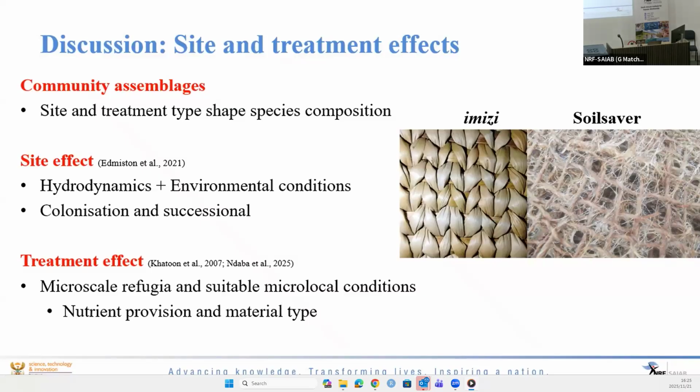The significant treatment effect in both designs can be related to the structural complexity in both designs, providing clear microcrevices and sheltered microenvironments seen in the Emisi design and the coarse fibrous texture in the soil saver design, with both designs providing attachment sites for diatom genera to colonize at different scales.